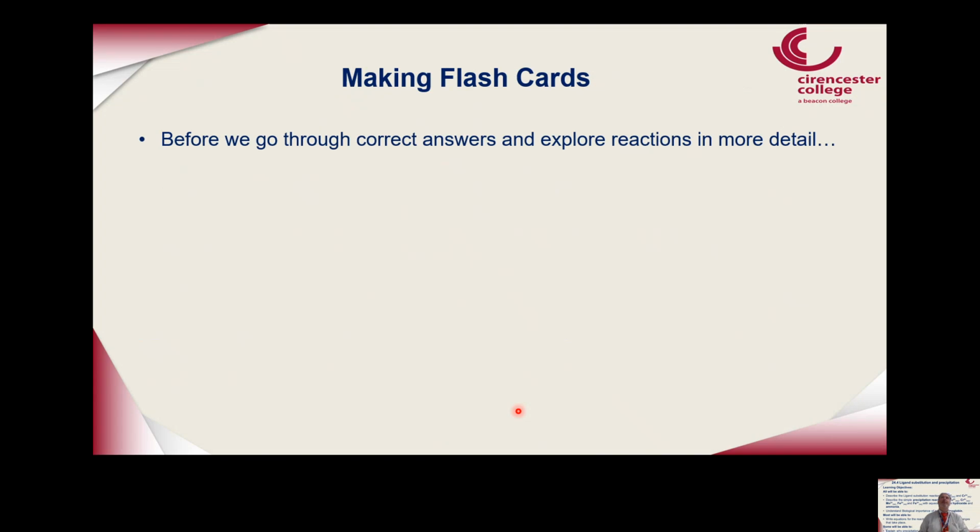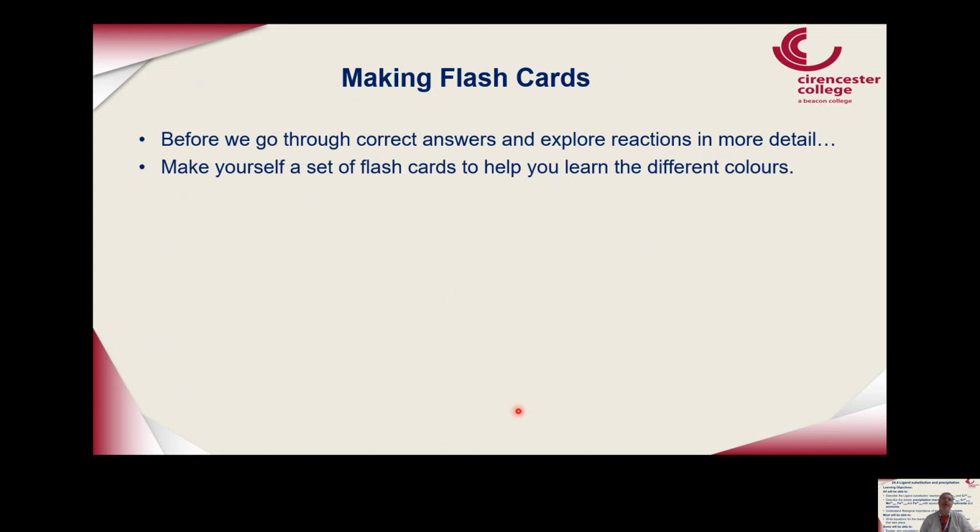So making flashcards. Before we go through the correct answer and explore those reactions in more detail, I suggest that you make a separate set of flashcards just so you learn different colors. It'd be quite cool if you could use the different colors to do it. So for instance, you could write on one card hexaaqua copper 2+, so Cu, brackets H2O, 6, close square brackets 2+.